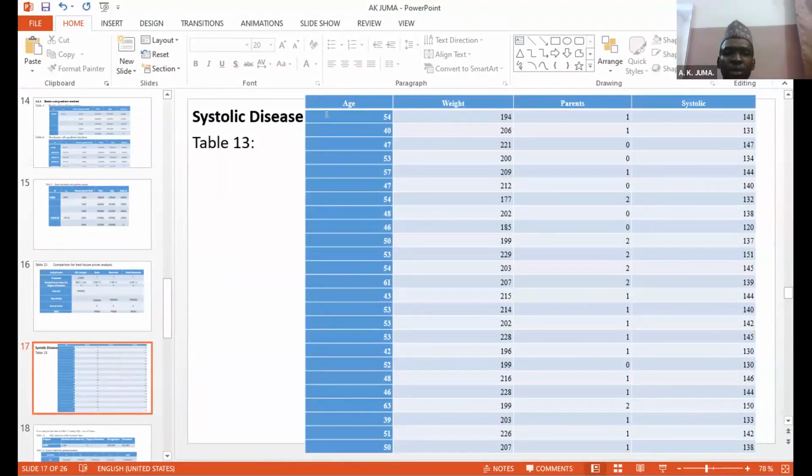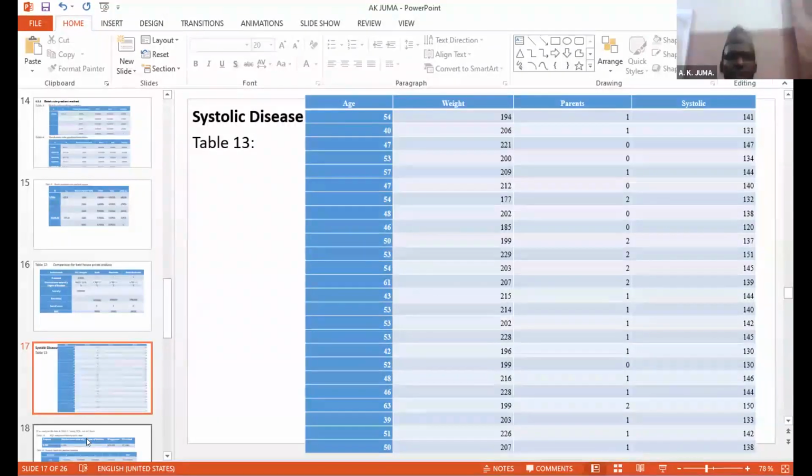For example, like this, the first row, with 54 age and 194 weight, and one of his parents has the said disease. So the last column shows the intensity of that disease on that individual. Likewise for the remaining records.